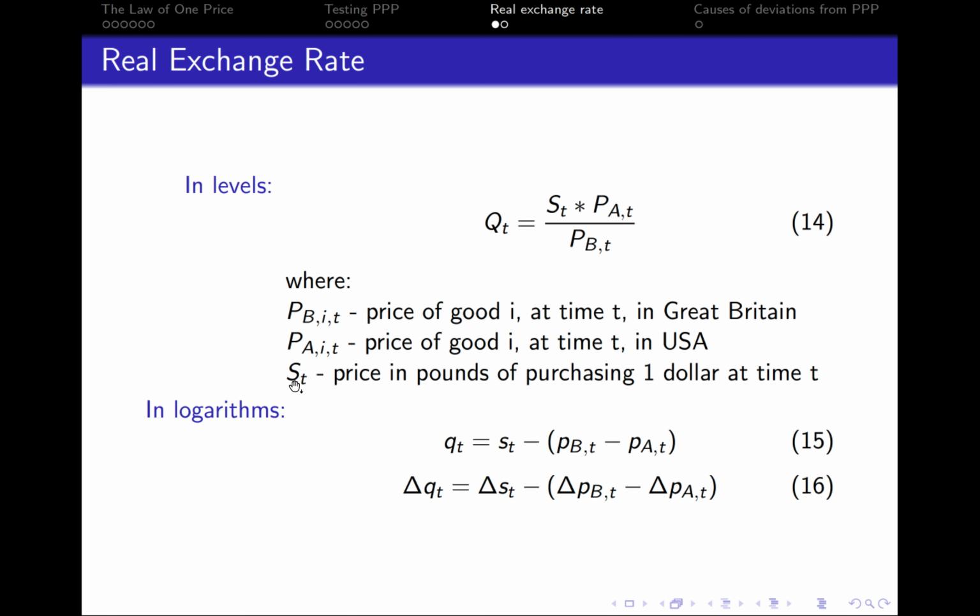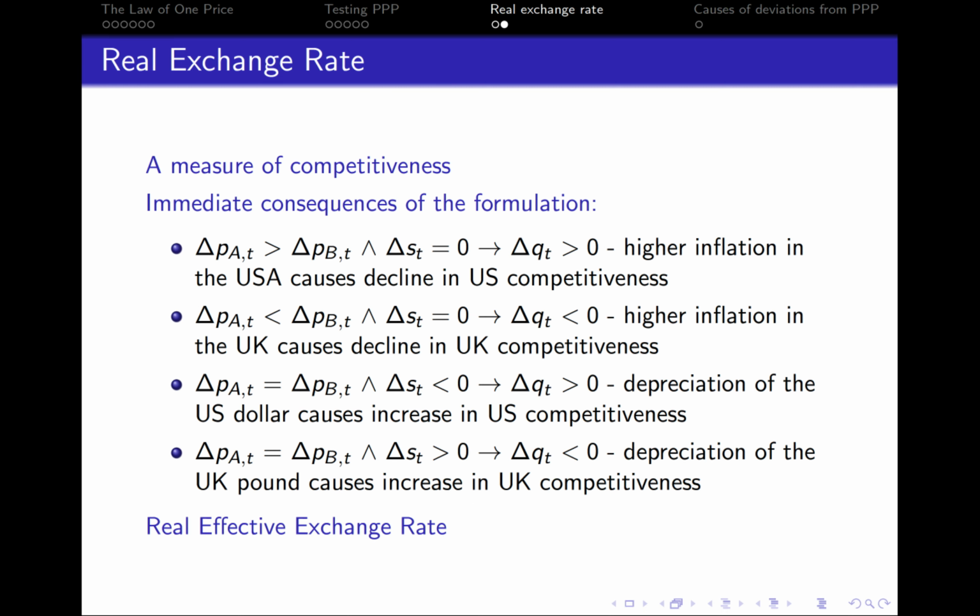Look, S_t, the spot exchange rate, is the price in pounds of purchasing $1. Now, if the growth rate of the exchange rate is negative in this case, it means that now we need to pay fewer pounds for 1 unit of American currency, right?